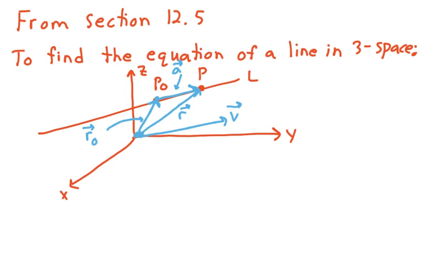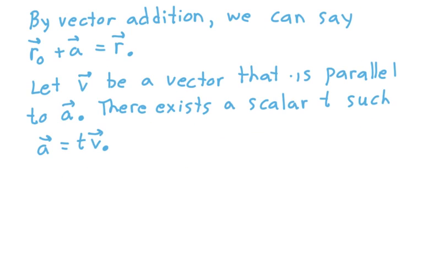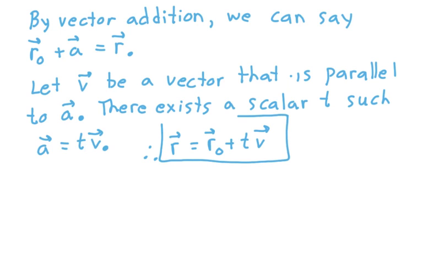And one thing to keep in mind is if v is parallel to a, and a is located on the line by design, right? It's the vector that connects P naught to P. If the vector v is parallel to a, it must be parallel to the line. And so, therefore, if I replace a with tv, I get r equals r naught plus tv, like so.